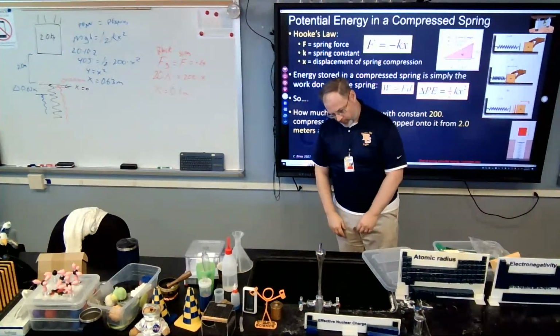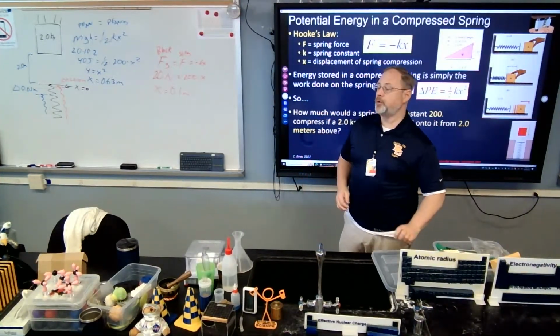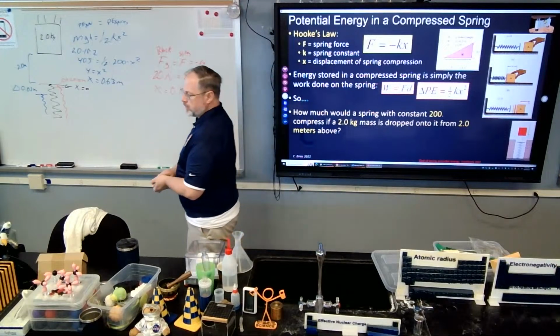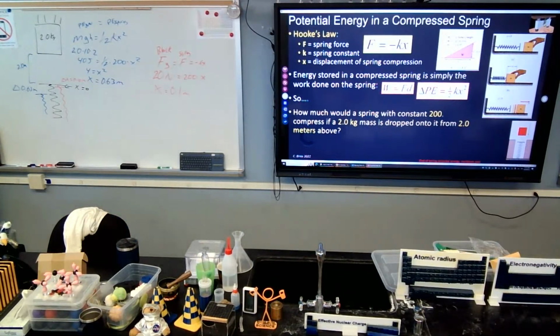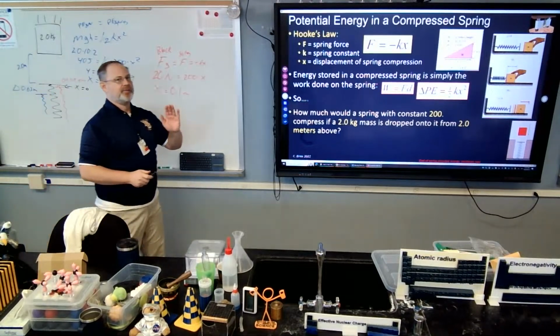Here's the tricky part. I have been digging through exercises trying to figure out how to make this clear, and it's not easy. A lot of exercises will simply say, this equals it. They won't say, what is it when it returns? Or they will say, what is the maximum stretch of the spring?